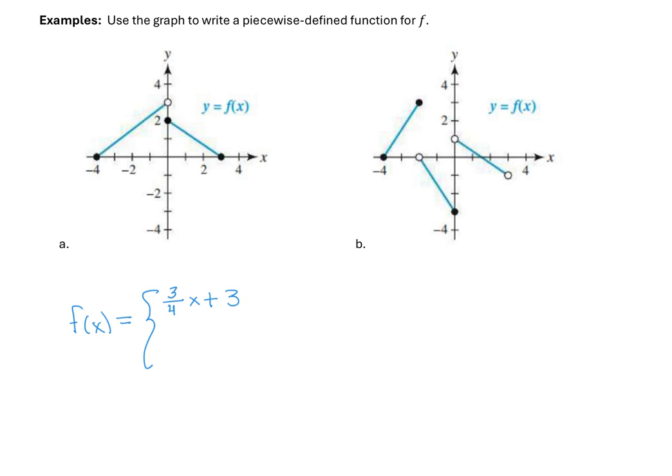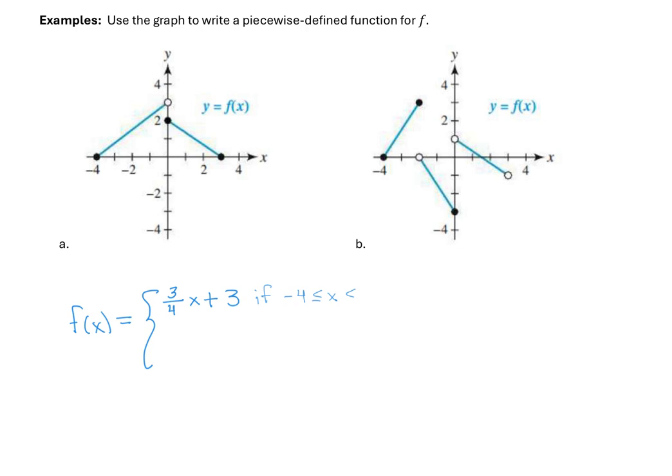For this piece, we also want to know our restrictions. And so we use this particular piece if our leftmost value is -4, it is an or equal to statement because it is a solid circle, and then we have less than 3.